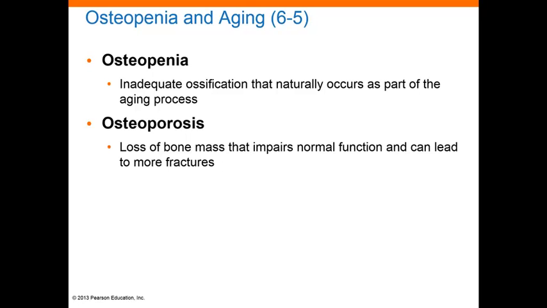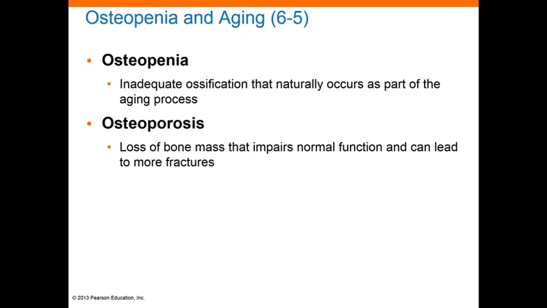Aging does have an impact on the skeletal system, and one of the conditions that can result from aging is called osteopenia. This is when you have inadequate ossification that naturally occurs as part of the aging process, and this starts between the ages of 30 and 40. What happens is osteoblastic activity slows and osteoclastic activity either maintains its usual pace or even increases.